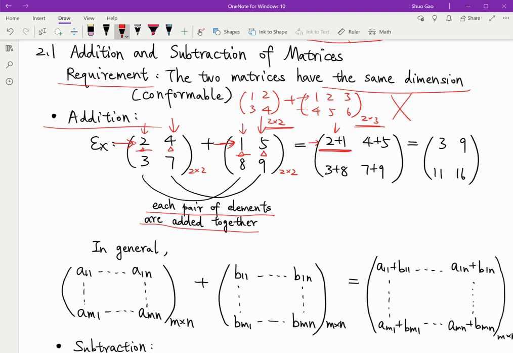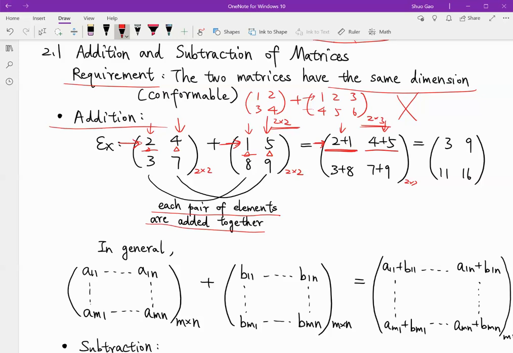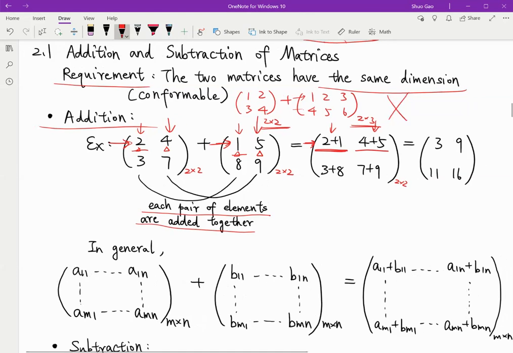So for the resulting matrix, the first row and second column, after addition, should be 4 plus 5. So we only add the elements that have the same location together. And the resulting matrix is also 2 by 2, right? We don't change the dimension of the resulting matrix. It should have the same dimension as the two matrices here, right?